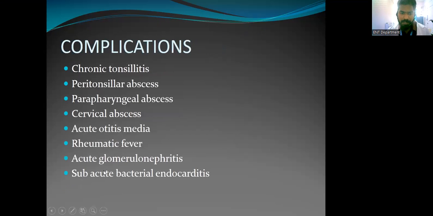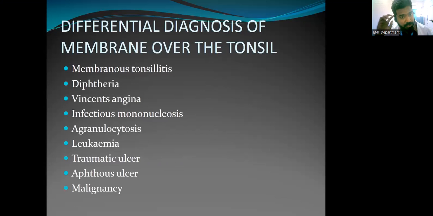Okay, the complications, usually rheumatic fever, glomerulonephritis, and SABE, I told you, are because of the hemolytic streptococci, which cause infection in the throat as well as in these conditions. So differential diagnosis: first is the membranous tonsillitis, and the other one is faucial diphtheria. The others are Vincent's angina, infectious mononucleosis, agranulocytosis, leukemia, traumatic ulcer, aphthous ulcer, and malignancy.